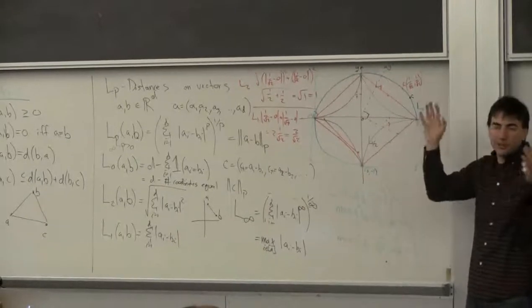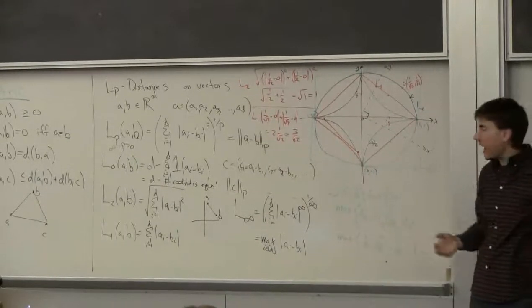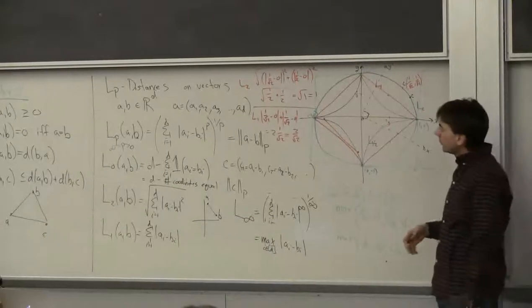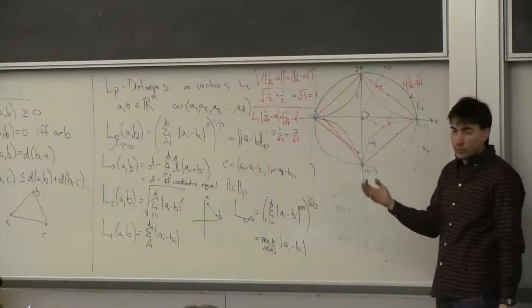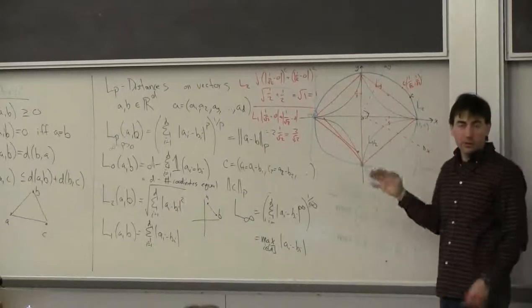And then binning these, and this gives you a locality-sensitive hash. This works for any p-value, I think, larger than 0 and up to the value 2.